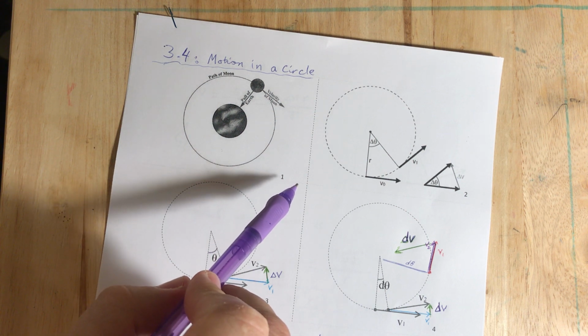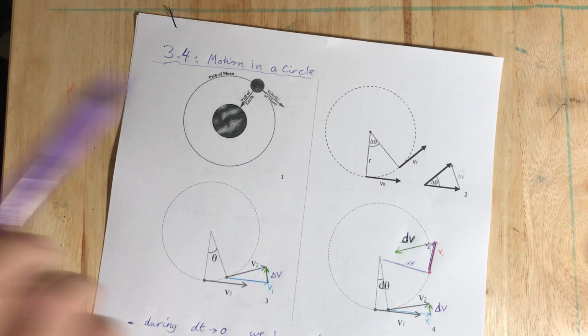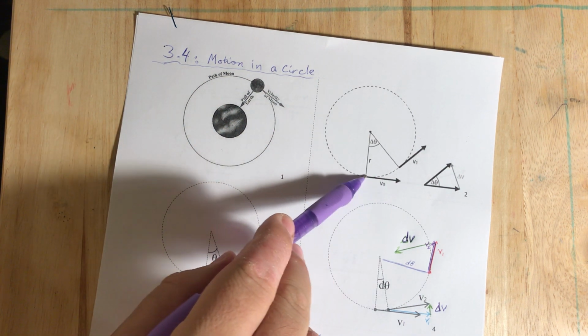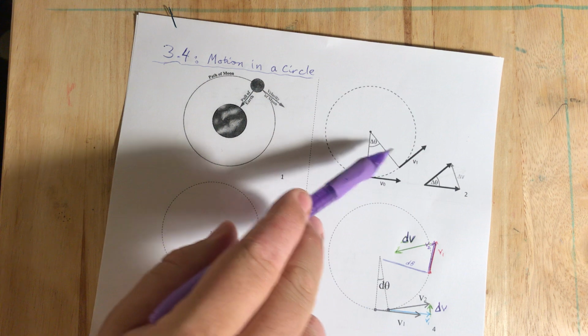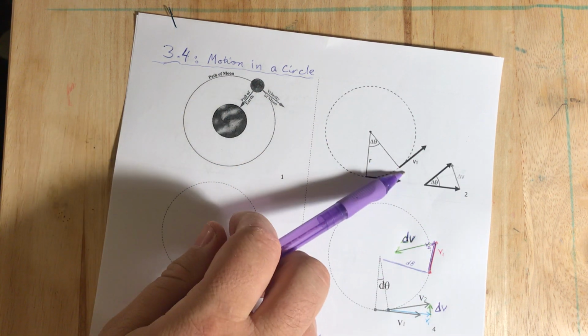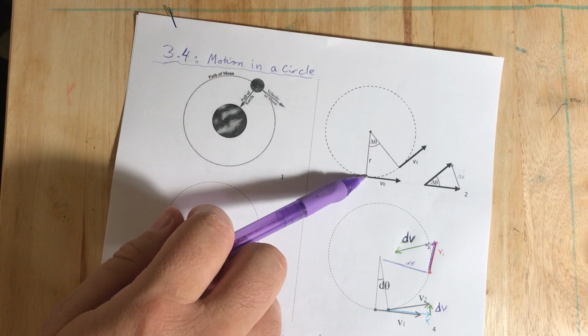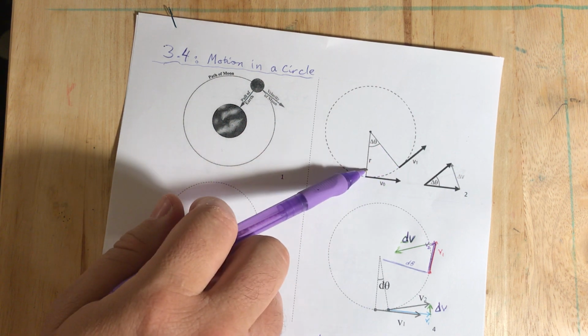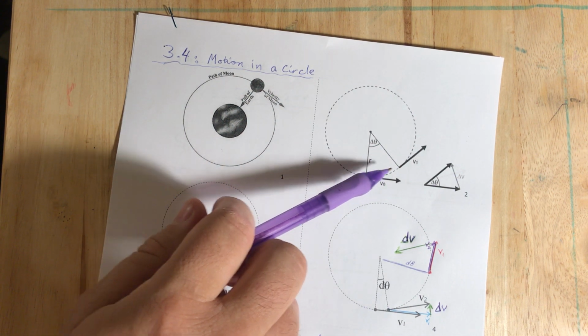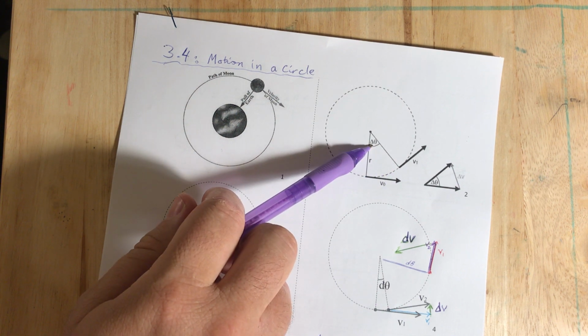What if we need to find the change in velocity? This is the initial velocity and this is the second one after a period of time, and the change in angle from the first point to the final point is delta theta.